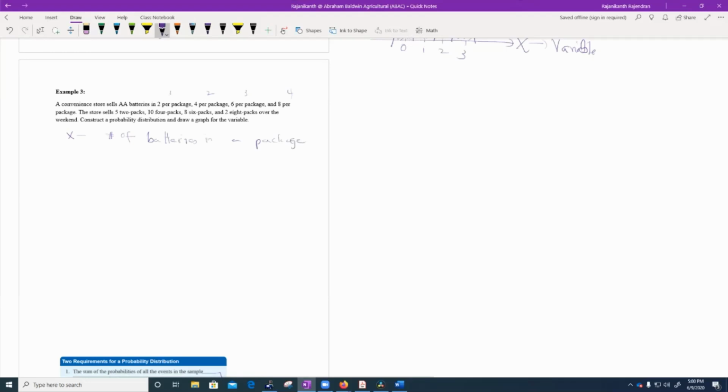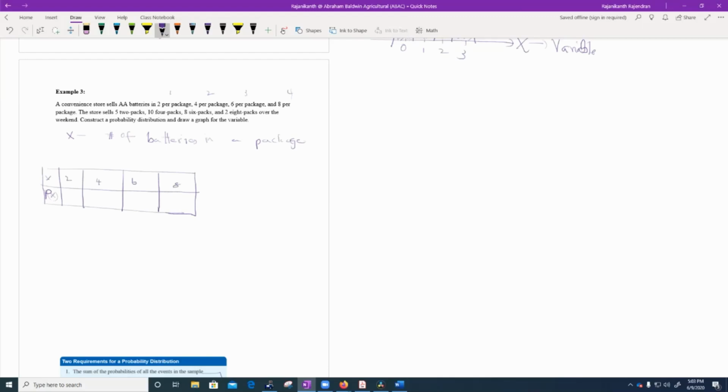So my x may have 2, 4, 6, or 8. So I'm going to make my probability distribution table then. So my x and P(x) possible values. So I have 4 different values. So the number of batteries in a package may be 2, 4, 6, or 8.